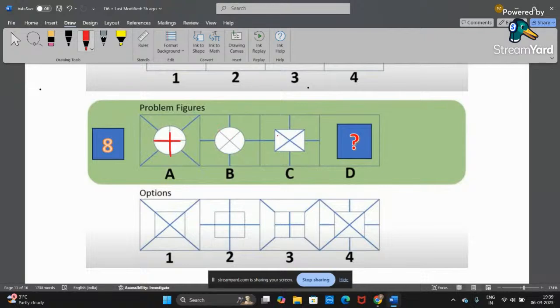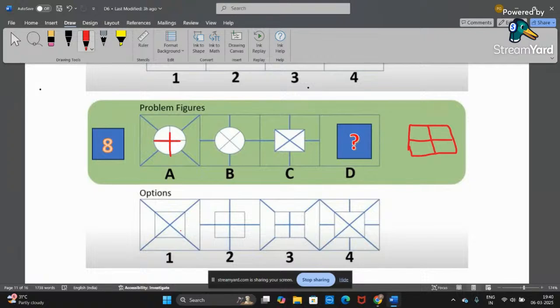Let's consider it as 45 degrees. And this square, I'll draw it properly. This is A and B. In A and B, the circle is tilted, right? If it is tilted, it looks like this, right?